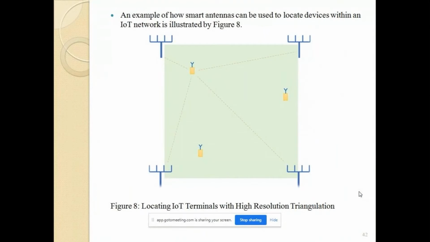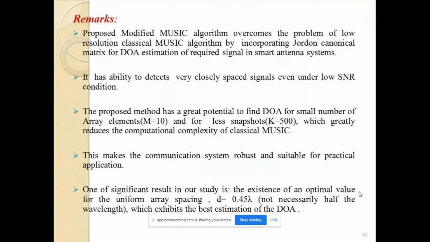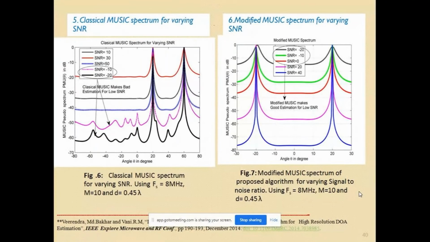Now we can understand a few more points about this slide, where in figure 6, the classical MUSIC. Why am I stressing the classical MUSIC? Because these are the direction of arrival algorithms used in smart antennas, which are used for the Internet of Things for localizing things and detecting devices or their direction of arrival.